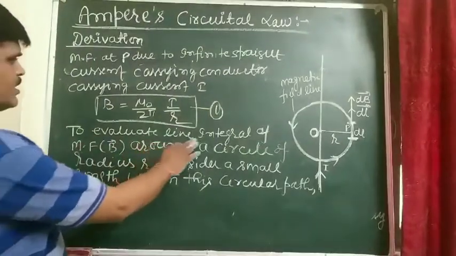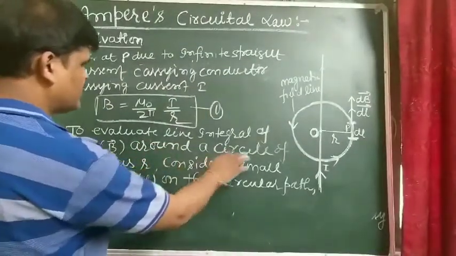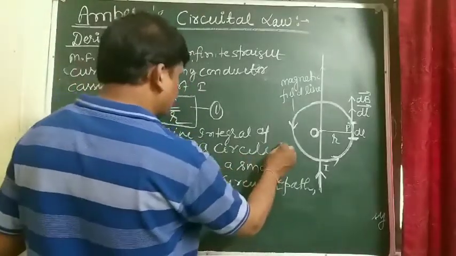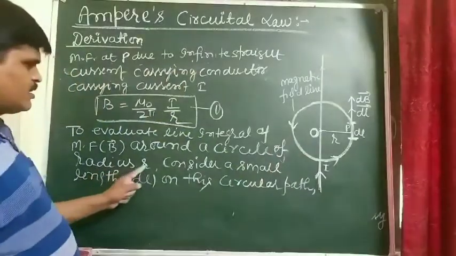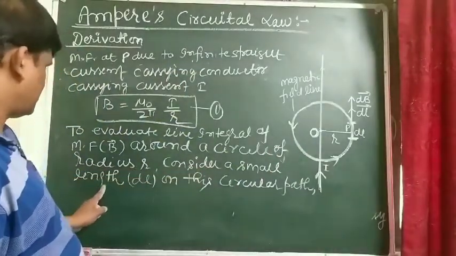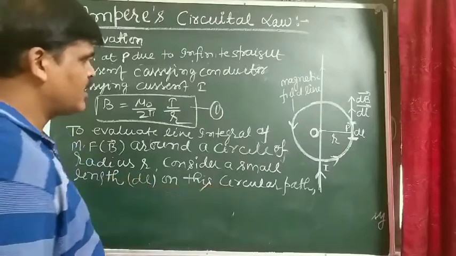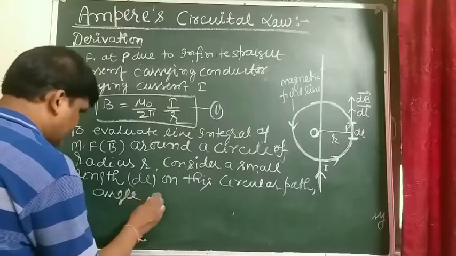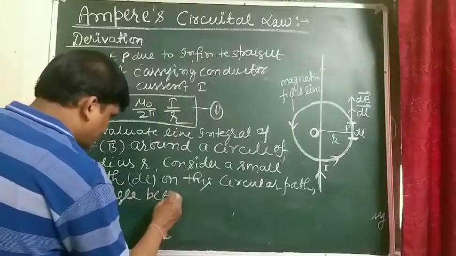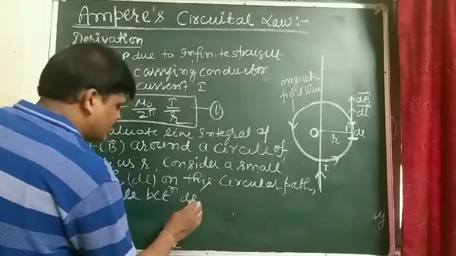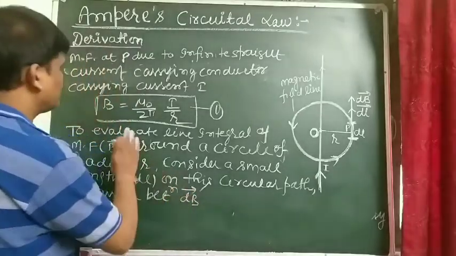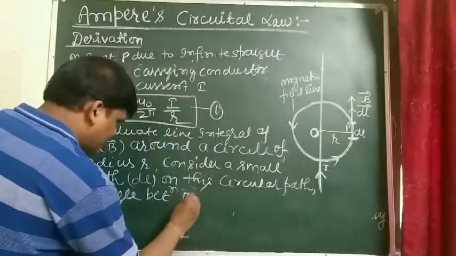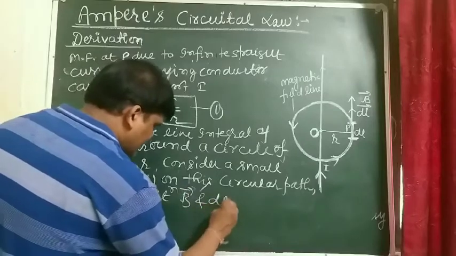So to evaluate the line integral of the magnetic field around a circle of radius r, consider a small length dl on this circular path, and the angle between the magnetic field and the dl vector is 0.